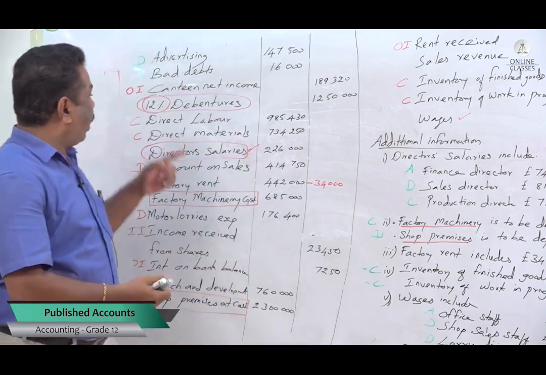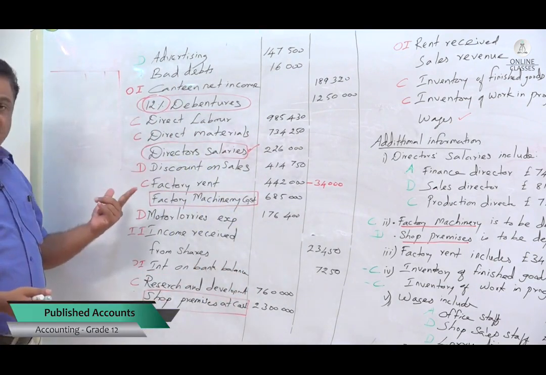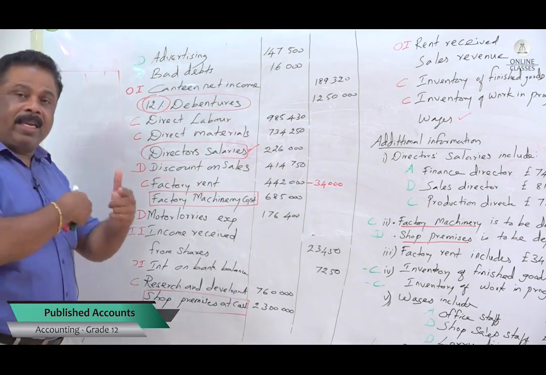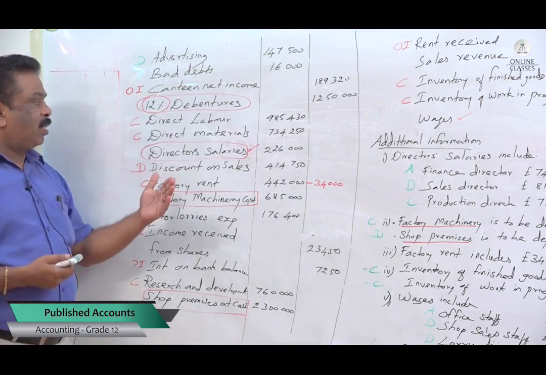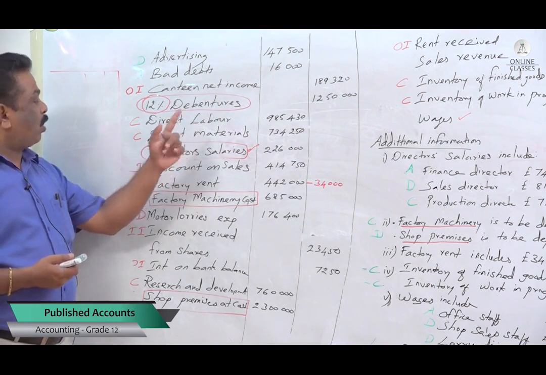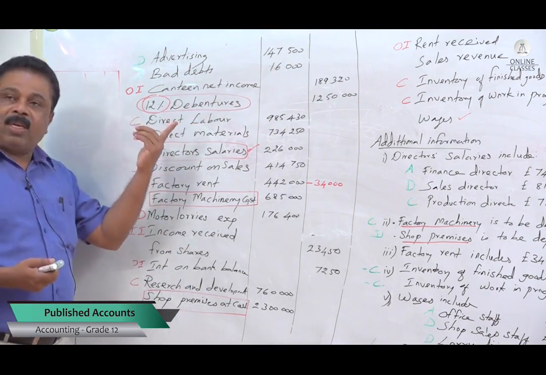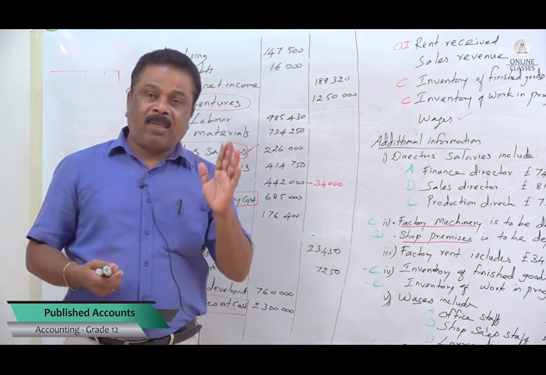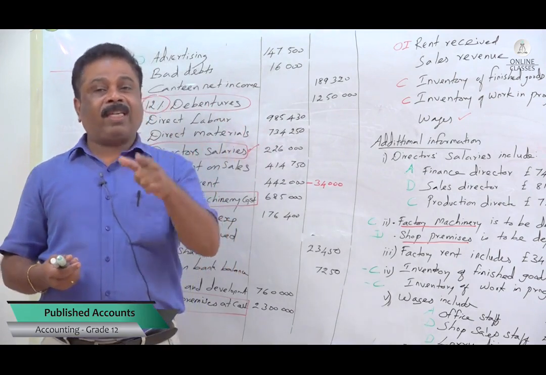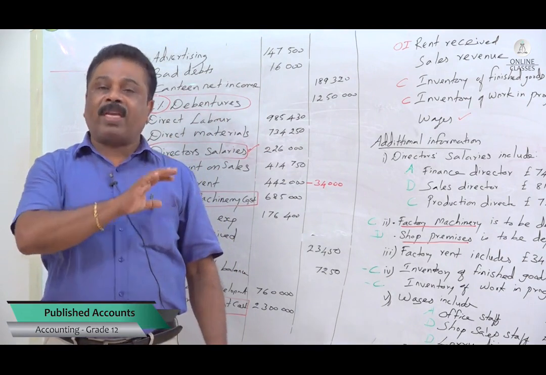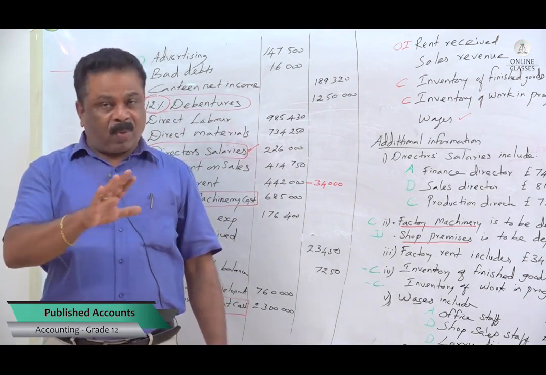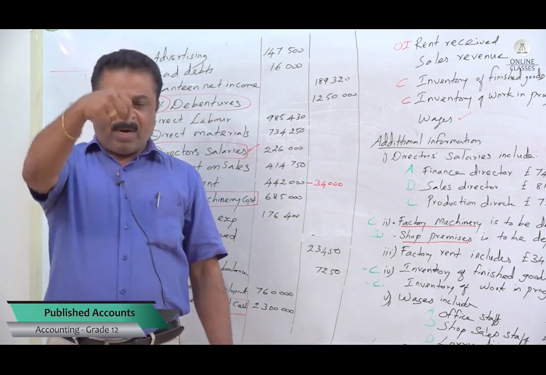When you do the working notes, you might write in any order. There is no fixed order of what should be written first. You might write direct labor first, or motor lorries expense first, no worries. But the statement of comprehensive income has its own fixed format, so don't change it; copy down the format.